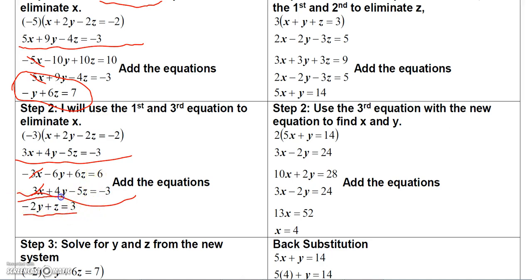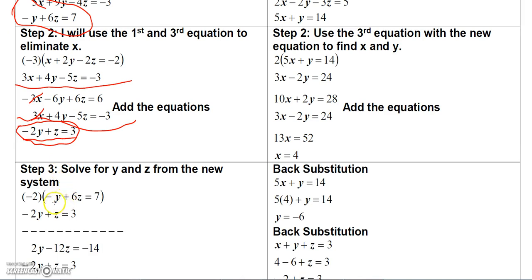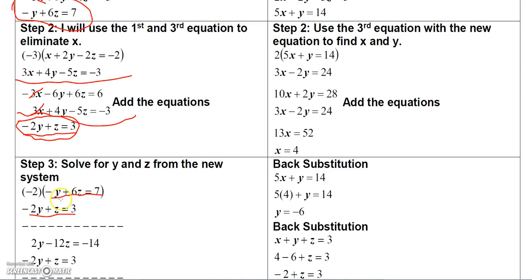So now I have a second equation that involves y and z. I had a first equation involving y and z, and now I have a second equation involving y and z. If I take these two equations and put them together, here's the first equation, and here's the second equation. And I want to now try to solve for y and z from this system.